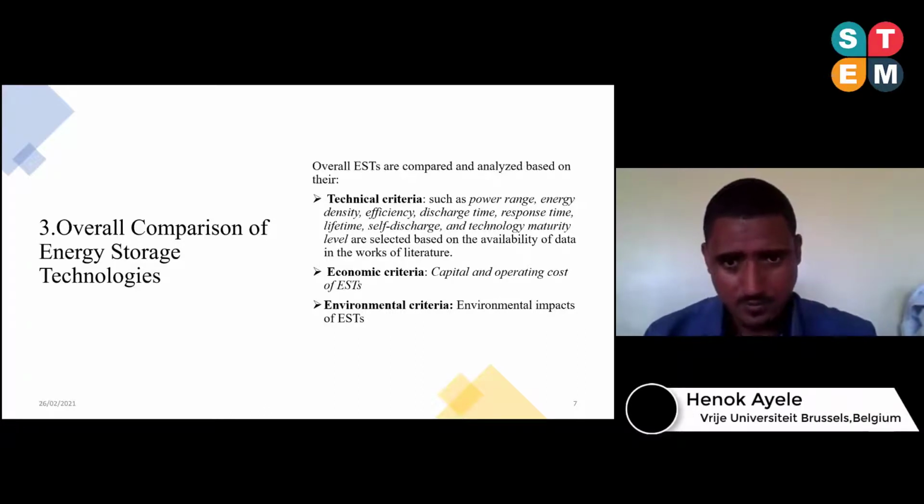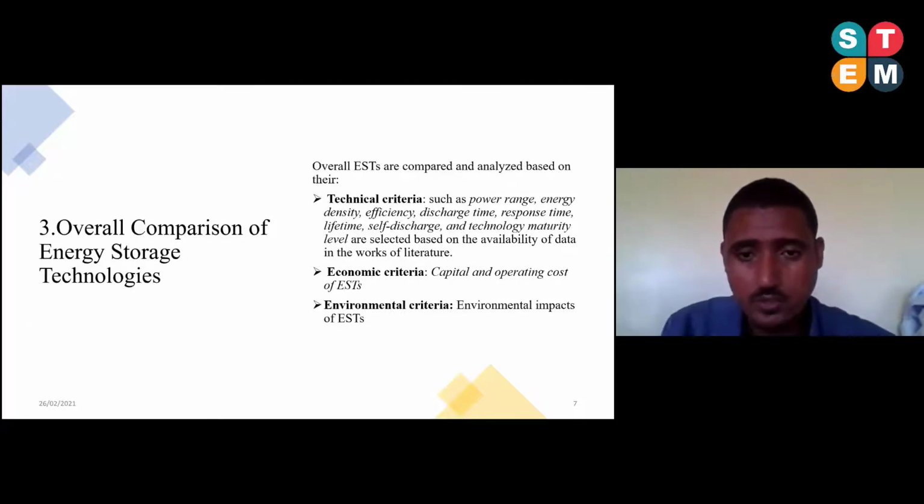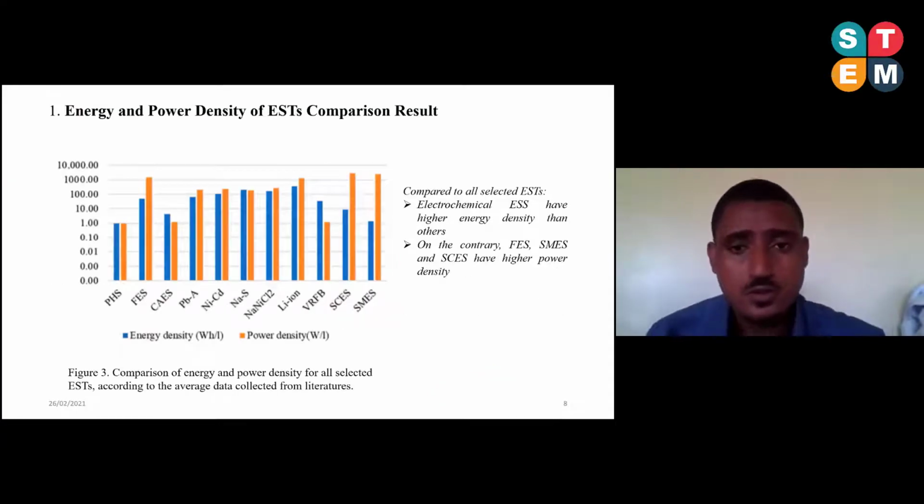The other is the economic criteria, where we select the capital and operating cost of energy storage technologies. The last one is the environmental criteria. The environmental impact of energy storage technology is one of our criteria for comparison and selection of these energy storage technologies.